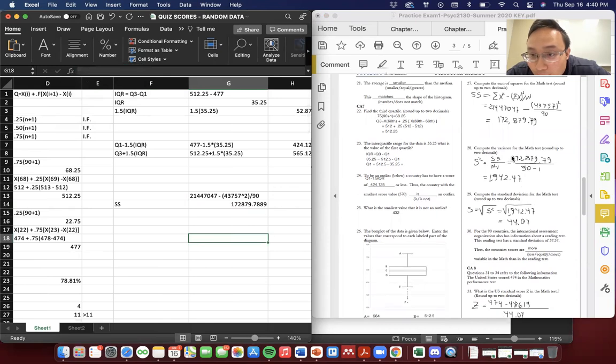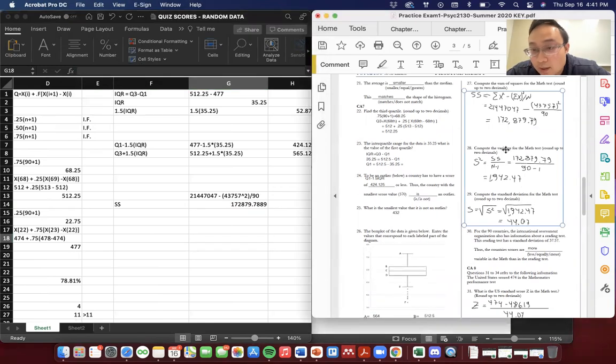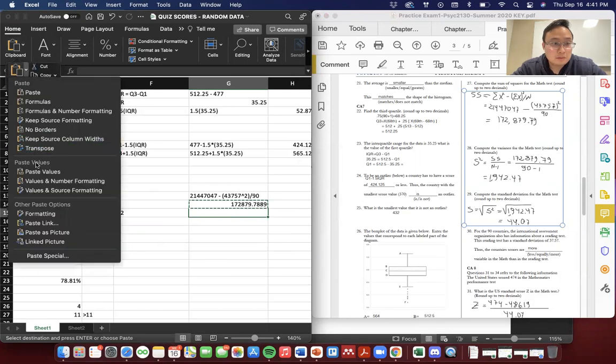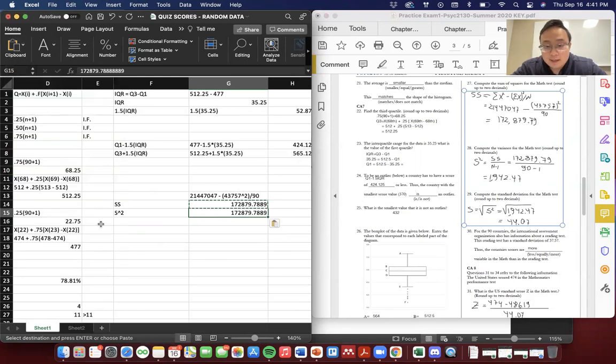Now we want the variance. The equation for variance is this: sum of squares divided by n minus 1. So variance, which is s squared, is just sum of squares divided by n minus 1.